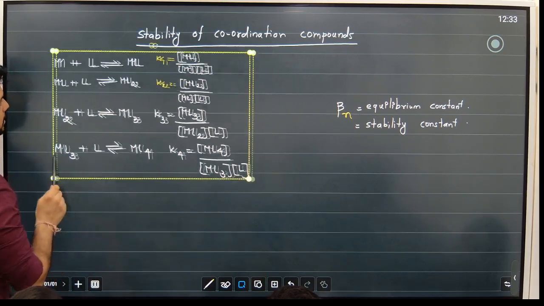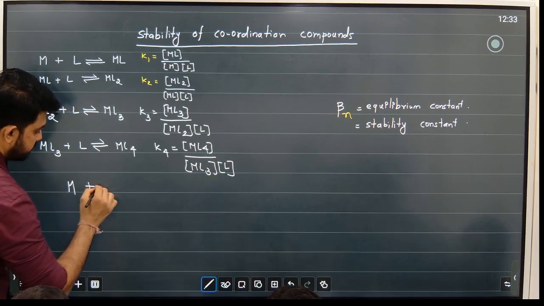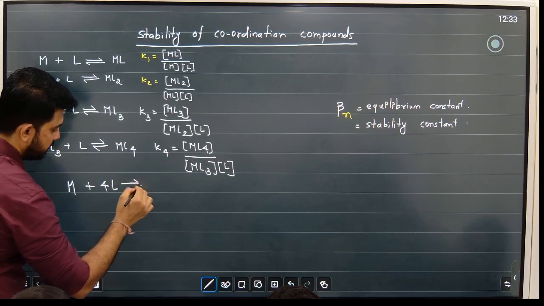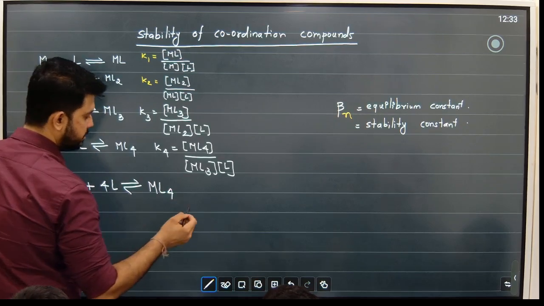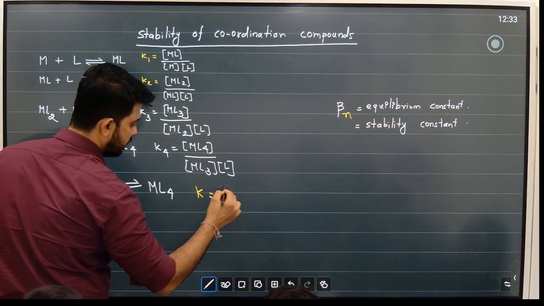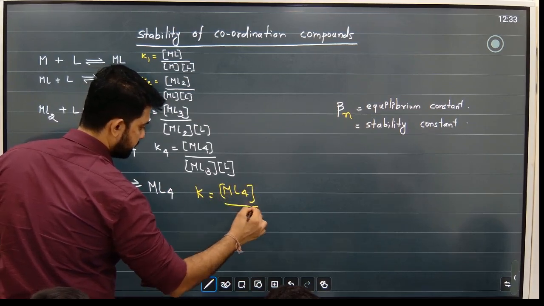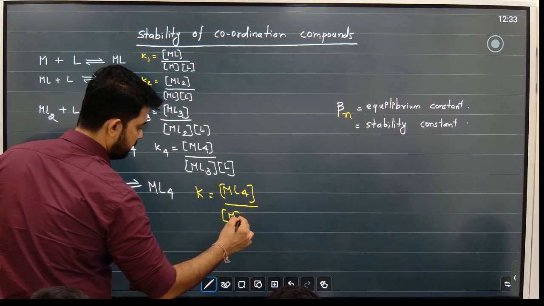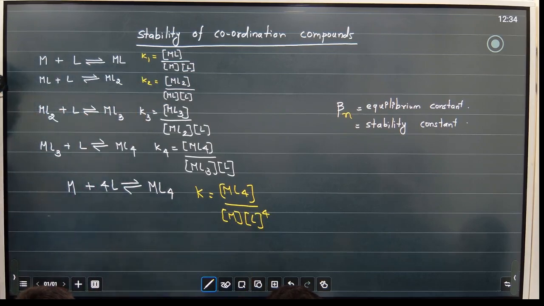How can we write that? M plus 4L becomes ML4. What will the expression be for K? ML4 over M into L to the power 4, yes or no?